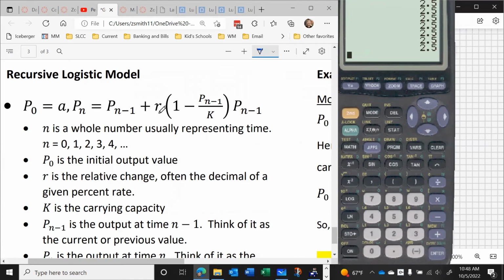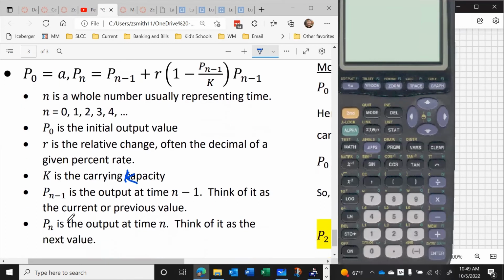So if the pool was endless and the supply of clean water and food was endless, then the growth rate of these fish would be that, but it's a carrying capacity problem. They still will give you the growth rate as if it had no constraints. That's R. K, capital K, is the carrying capacity. P sub n minus 1 and P sub n, we know how to think through those.